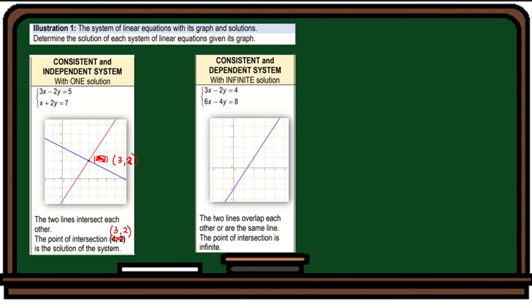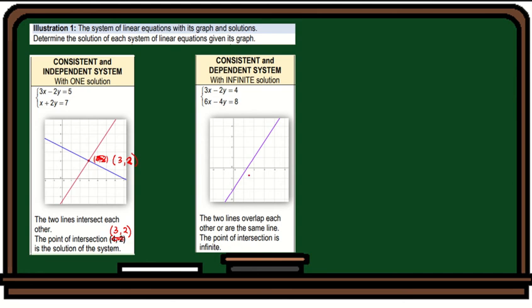For the consistent dependent system, it has infinite solutions. This means the system can have two or more, or many, ordered pairs that make the equations true. The lines overlap each other or the lines are the same. The points of intersection are infinite.